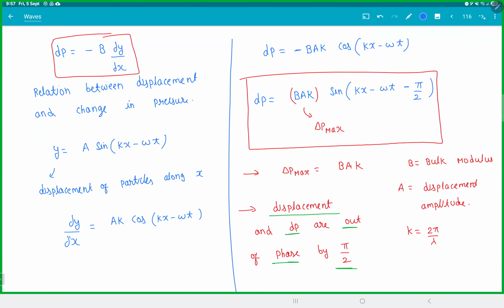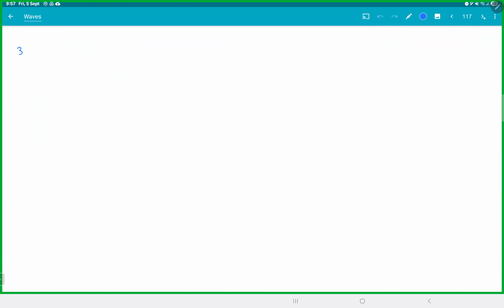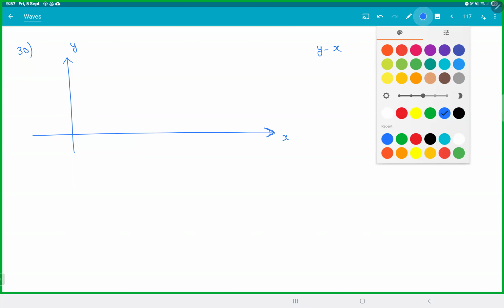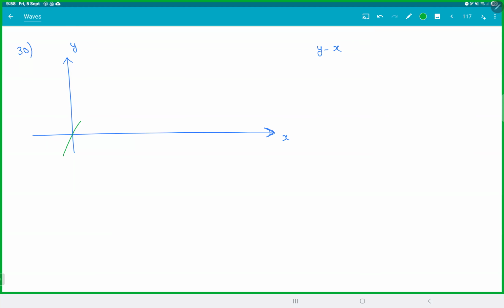Let's see a question. So the question they asked me was this. It's a y-x graph for a longitudinal wave. Be careful. So this y is not the displacement of the particles up and down. A regular sine wave.